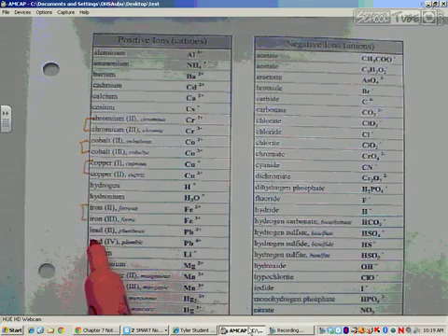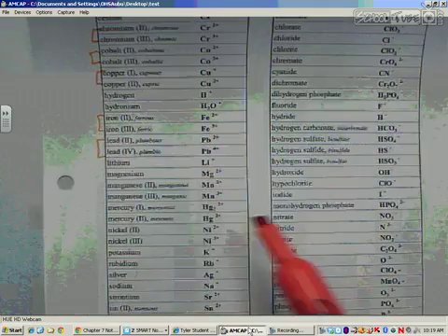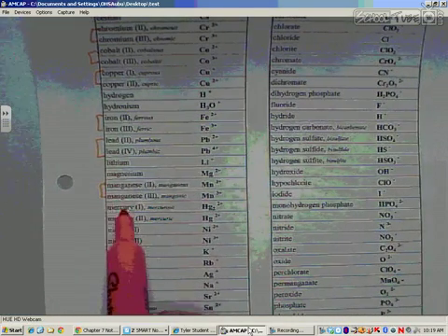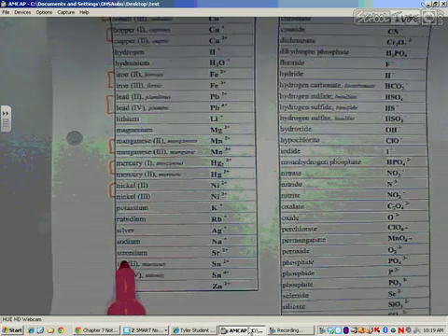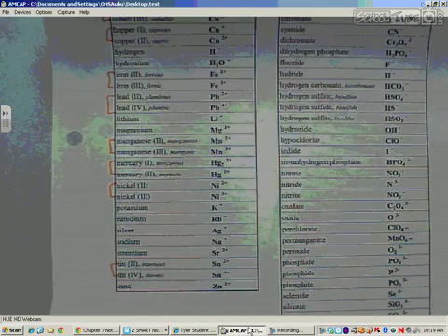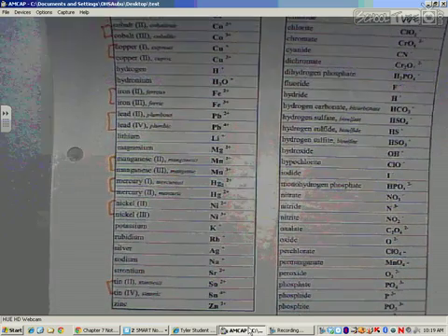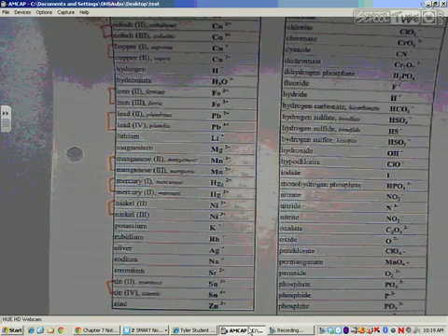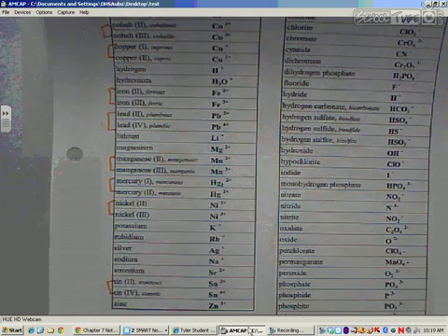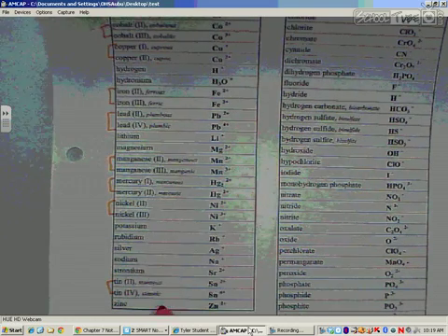Iron, lead, then we continue down here, we see manganese, mercury, nickel, and tin. Those are the ones on our list that can form more than one ion. So anytime you have a compound or a formula that deals with a D block element, you want to make sure you pay careful attention to this list.